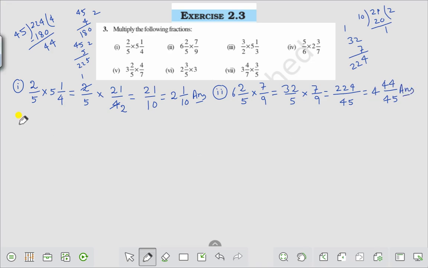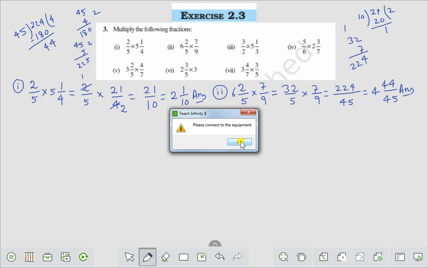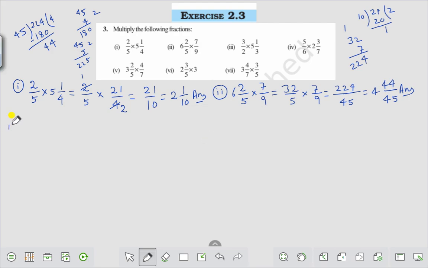Now question number 3. Question number 3 is 3 by 2 into 5 whole 1 by 3.